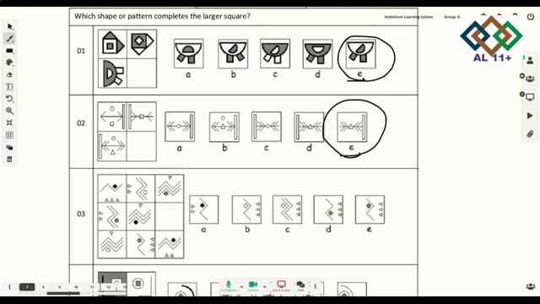Each row and column has one of each: gray, white, or black. The number of lines and triangles also changes, so each row and column will have 1, 2, 3 triangles and lines. So the answer would be B. So let's move on to number 4 now.